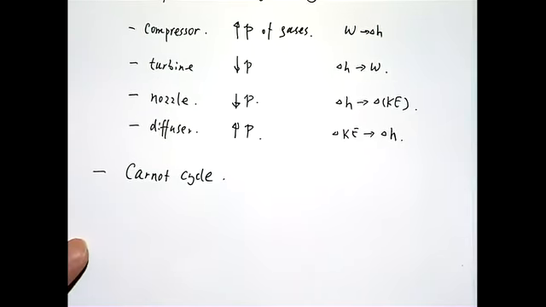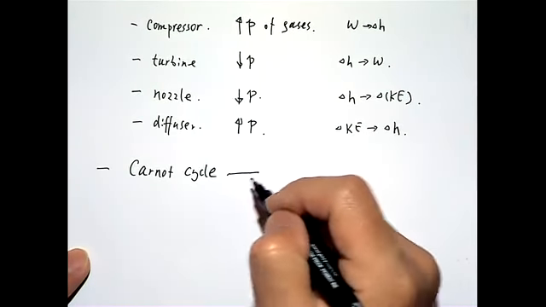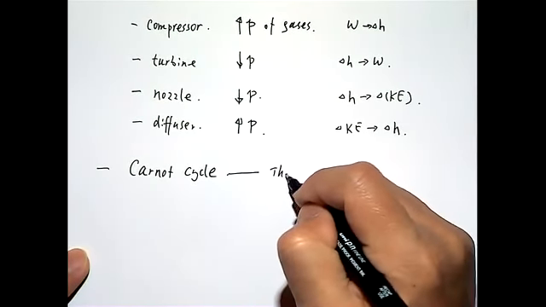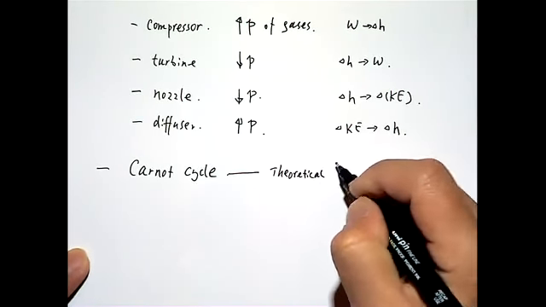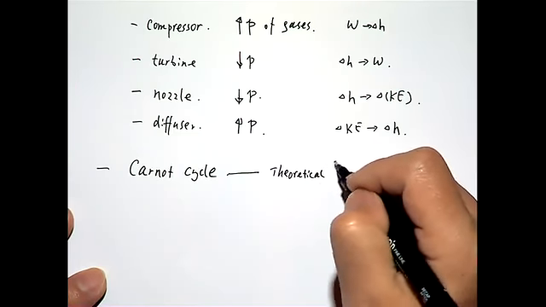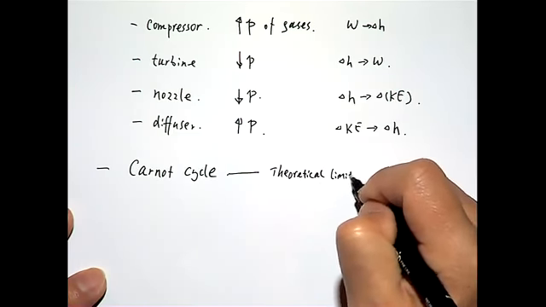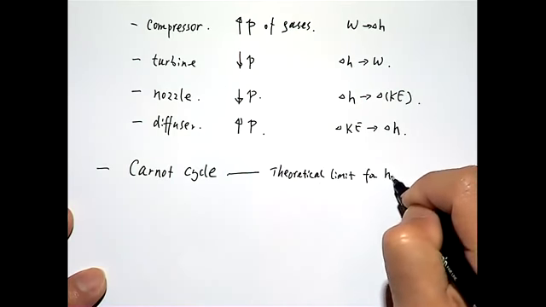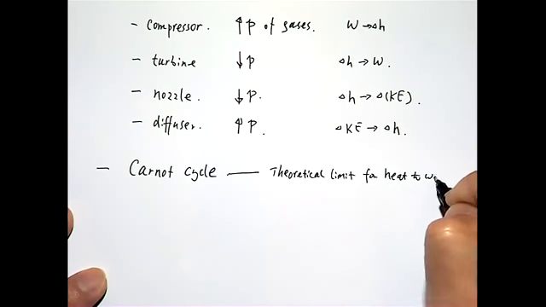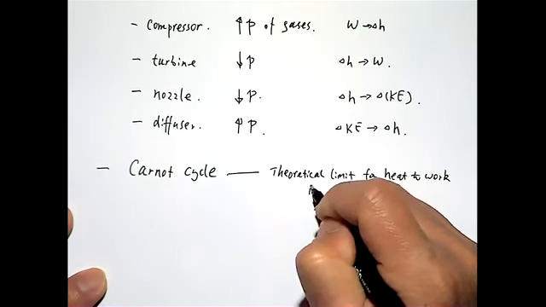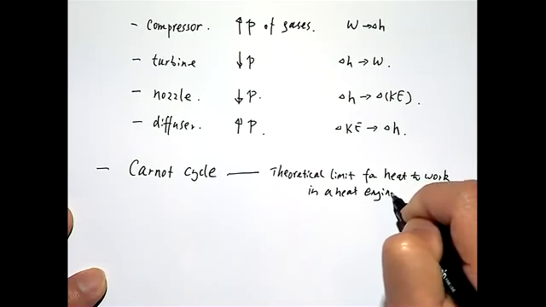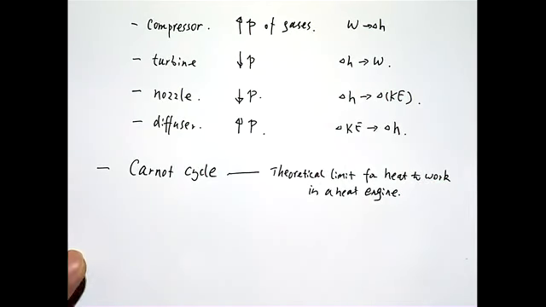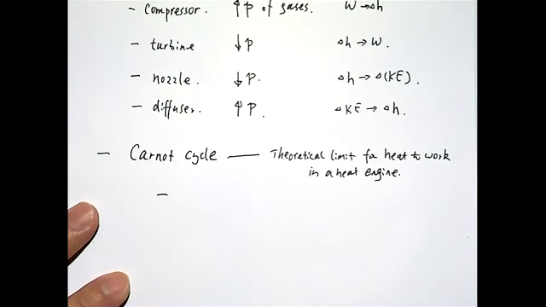So Carnot cycle, let's just write a few words. Theoretical limit for heat to work in a heat engine. The Carnot cycle is basically four steps.